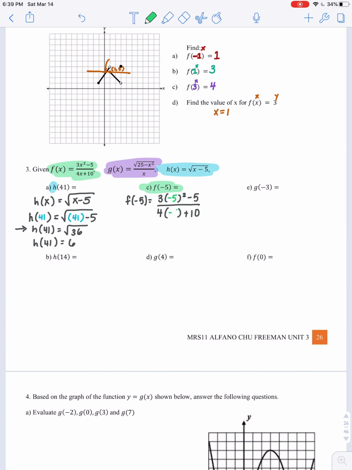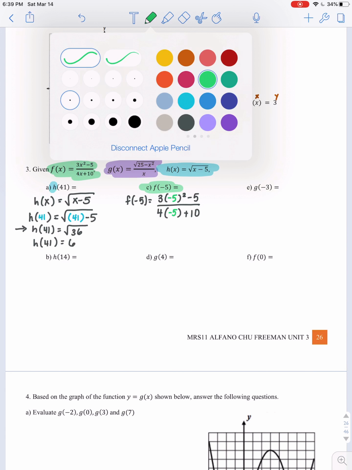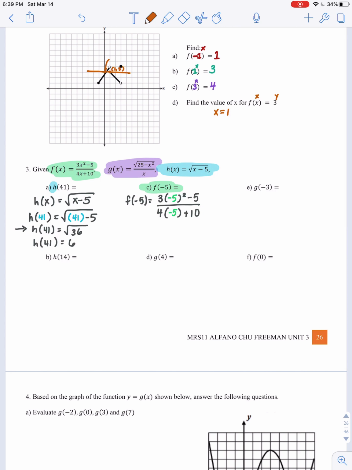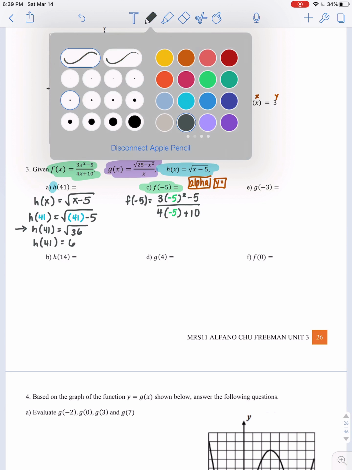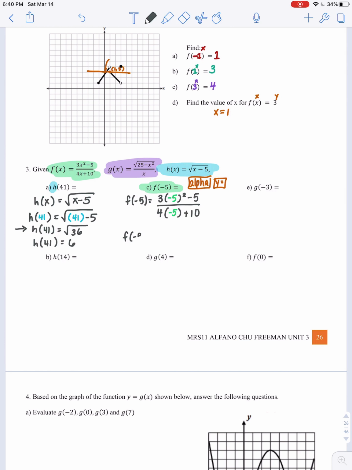Plug in negative 5. Remember, to get a fraction on our calculator, we are going to use alpha y equals. Press alpha y equals, enter this whole thing, and then you're going to get an answer. F of negative 5 equals blank. You guys help me out. I don't have a calculator.